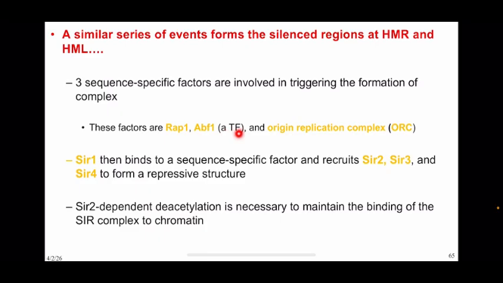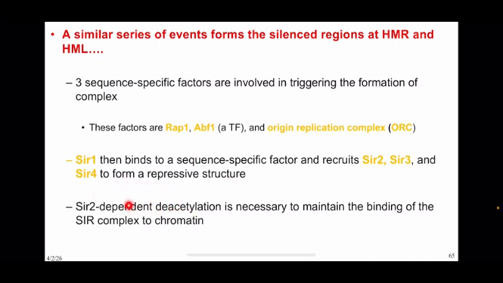EBF1 is a transcription factor and ORC is the origin replication complex, which I'm sure we came across in the early modules. This one also includes cell1; formation of heterochromatin at the telomeric regions didn't include cell1, it was only cell2, 3 and 4. The first thing that happens is cell1 will bind to the sequence specific factor. I don't know which one of them, but when it binds, it's going to recruit cell2, 3 and 4 to form a repressive structure.